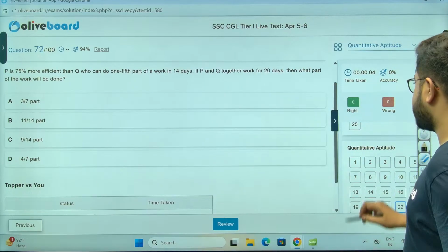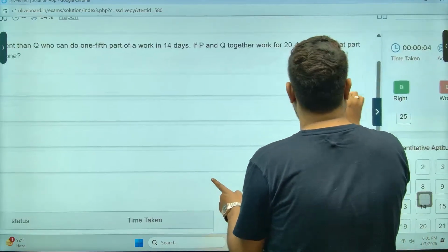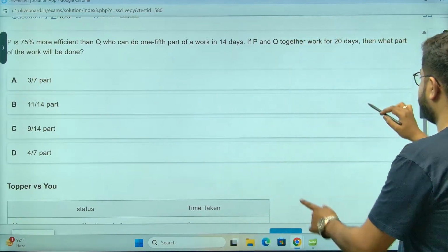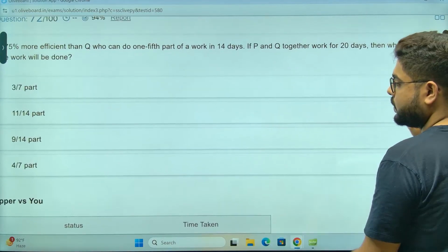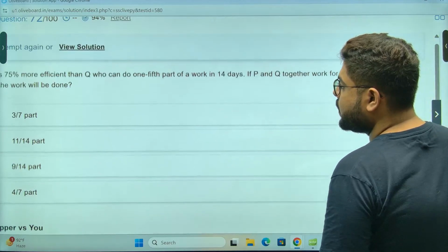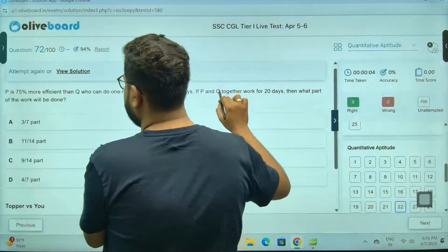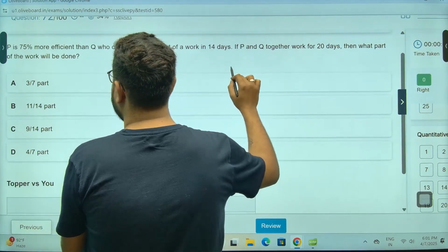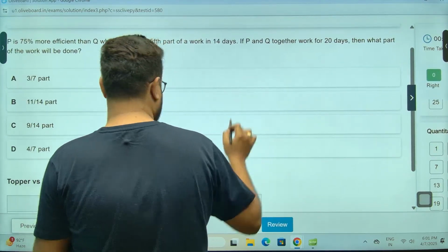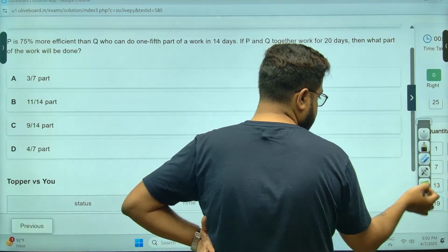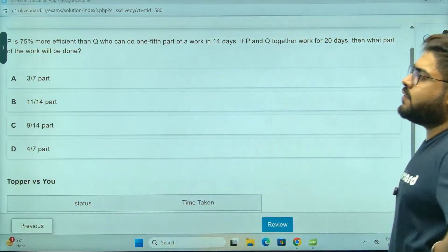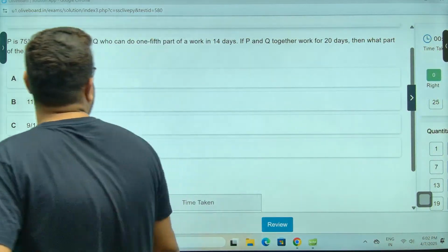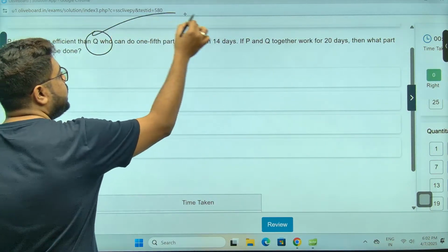Time and work. P is 75% more efficient than Q, who can do 1/5 of the work in 14 days.